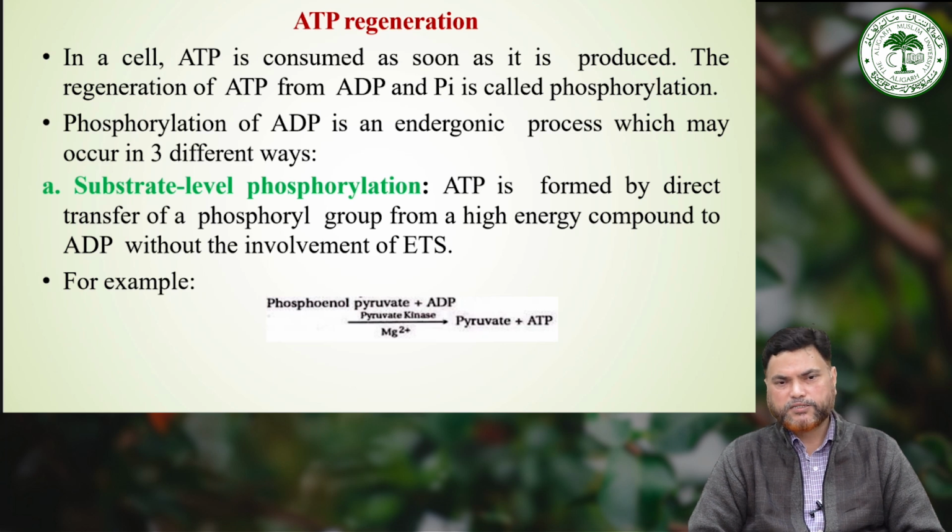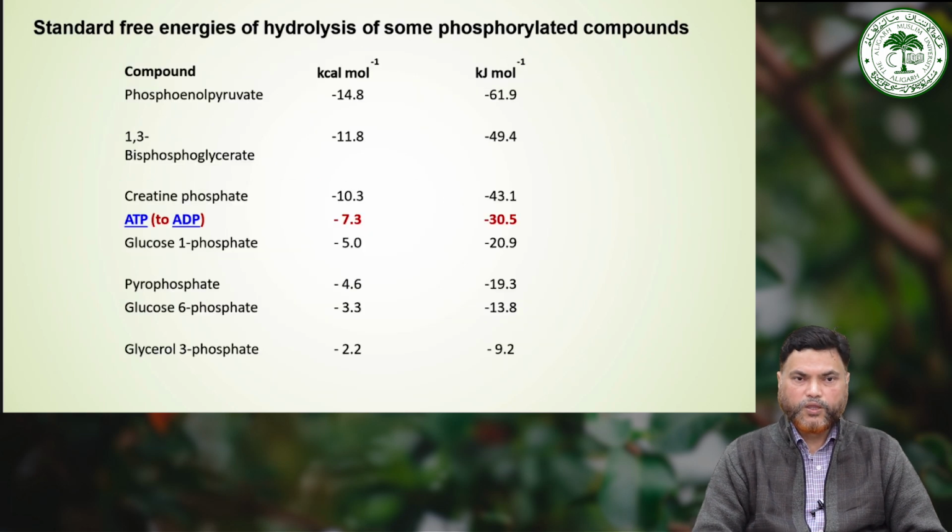A very interesting example of substrate level phosphorylation is the conversion of phosphoenol pyruvate into pyruvate, accompanied by formation of ATP from ADP. In fact, some compounds in biological systems have higher phosphoryl transfer potential than that of ATP.